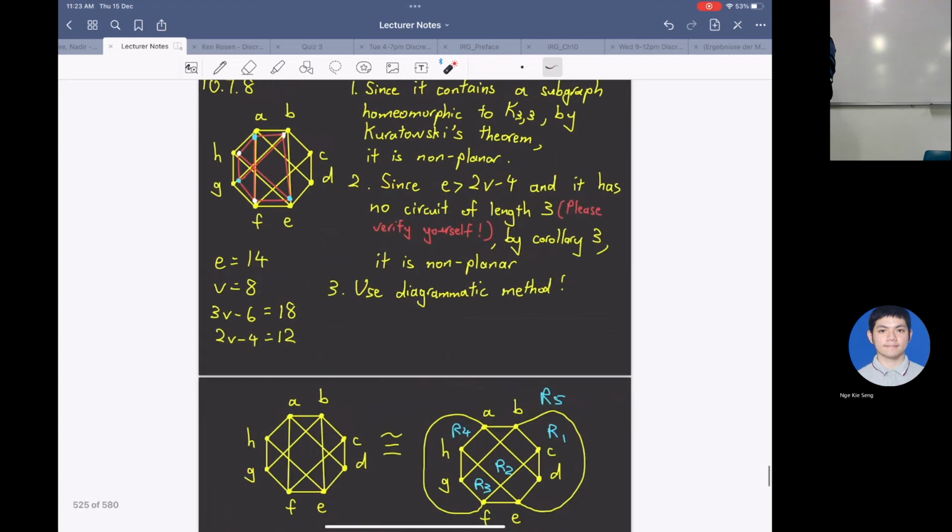If you try to guess, try to find K33 inside here. I placed a different color to note that K33 is bipartite, so I can use this bipartite characteristic to draw K33 out. Then make sure the lines join the way they do in K33, and then you can find a subgraph that is homeomorphic to K33.